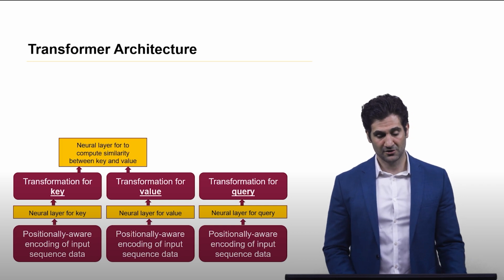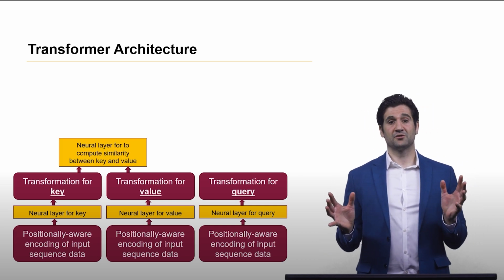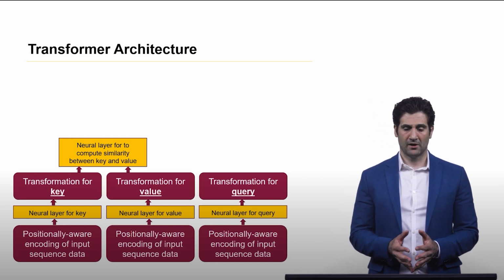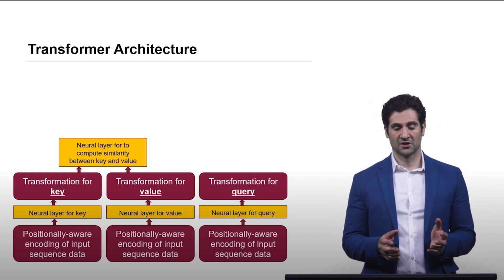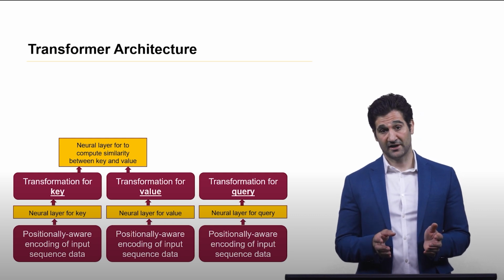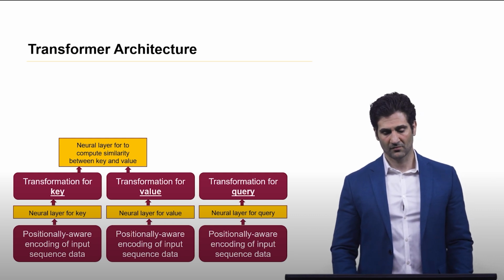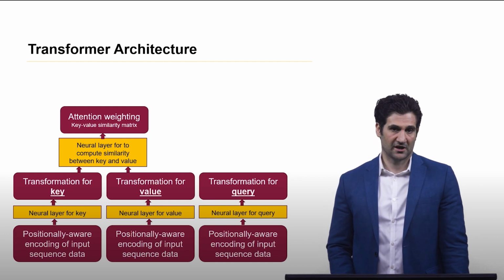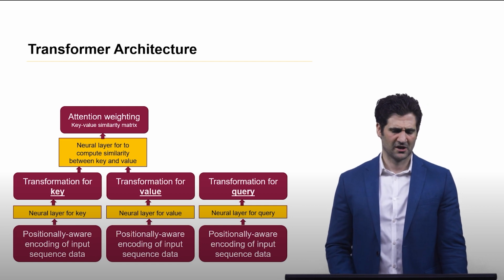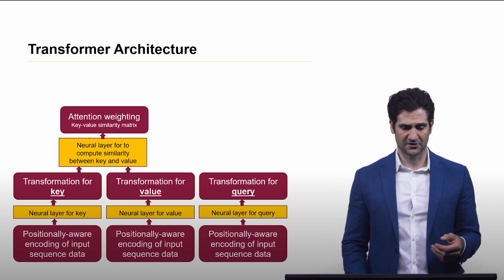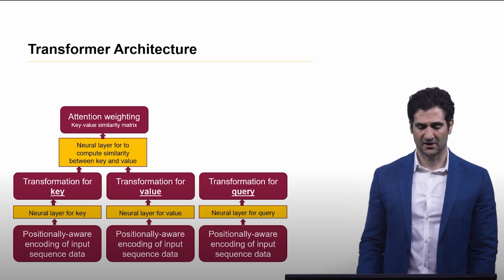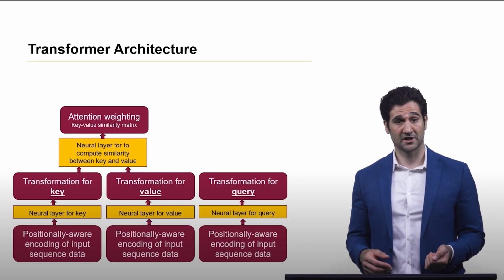Now the first 2 of them, we're going to do a similarity comparison. So pairwise similarity between the inputs, between the key and the value. The result of this is what's called attention weighting, and this is your key value matrix. And there's some scaling, and also normally there's softmax at the end of the series of layers that do attention weighting.